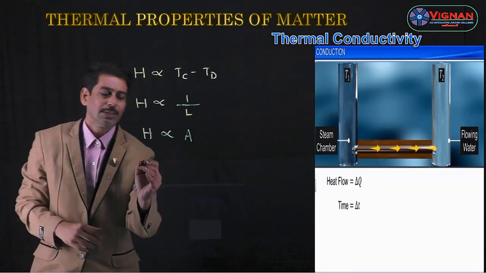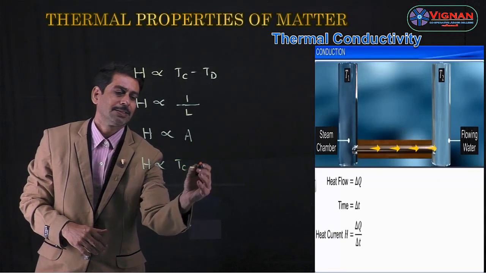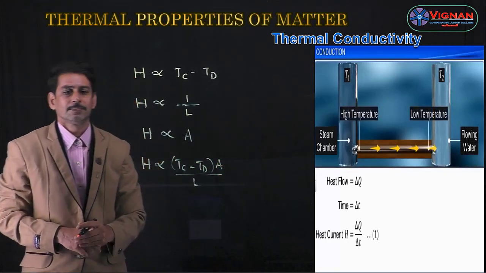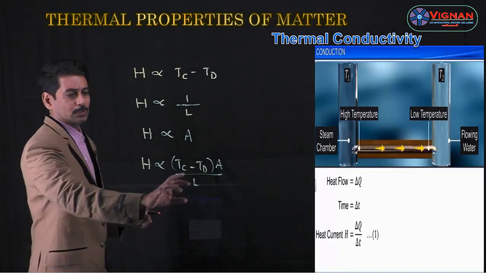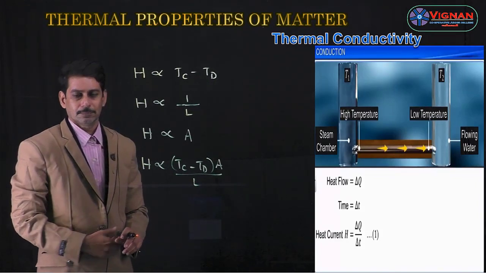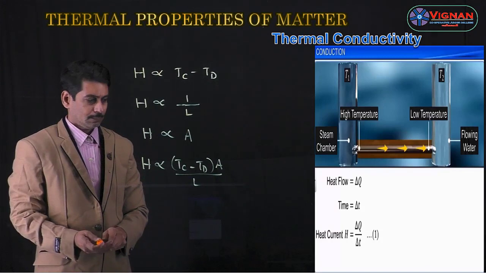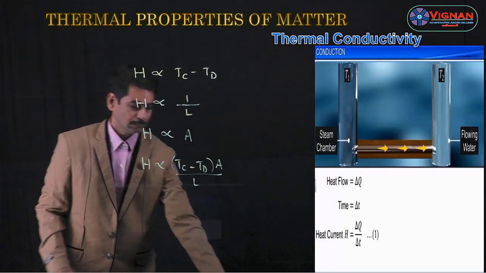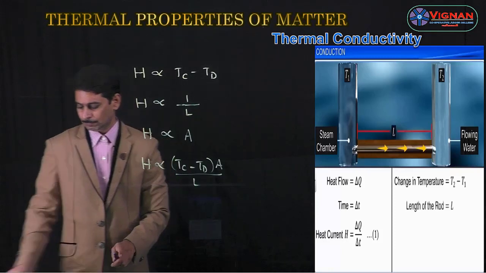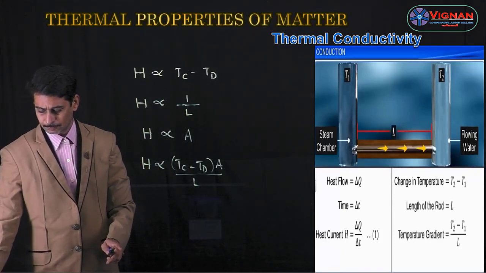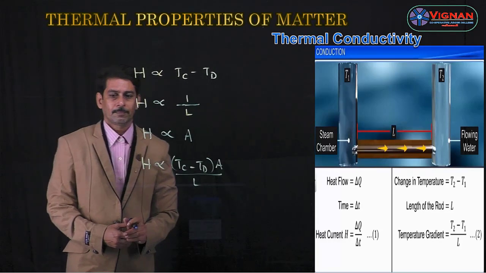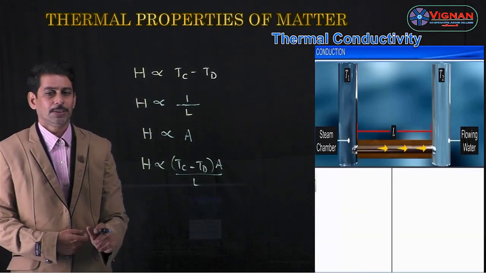Now by combining these, we get H is proportional to (Tc minus Td) into A by L. If we remove the proportionality, we have to introduce a constant.